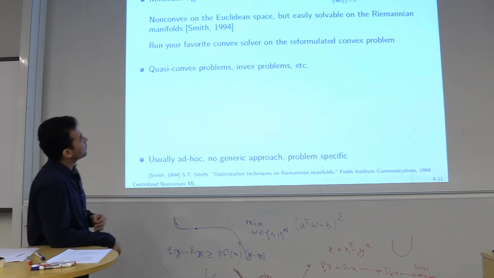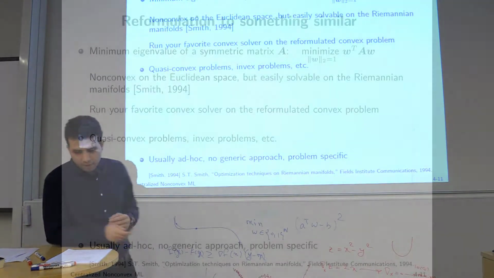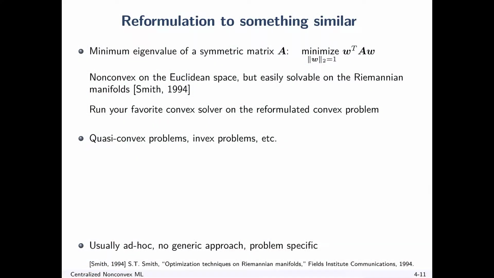So let's go to the first one. The first one says that you should try to reformulate your problem, and this is pretty much all we can say about that. It says that some problems may seem non-convex, but there could be some formulations that you can use to make them convex.